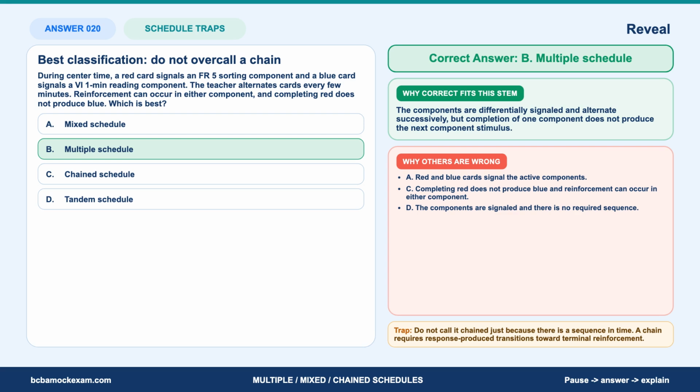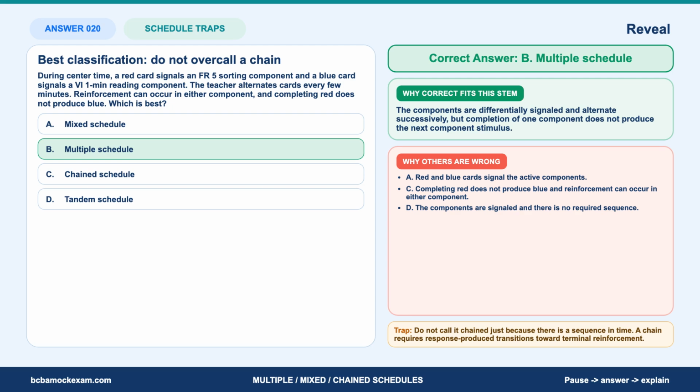The correct answer is B, multiple schedule. Here is why it fits this stem. The components are differentially signaled and alternate successively, but completion of one component does not produce the next component stimulus. Now, check the distractors. For A, red and blue cards signal the active components.